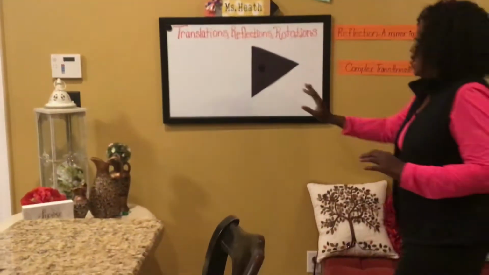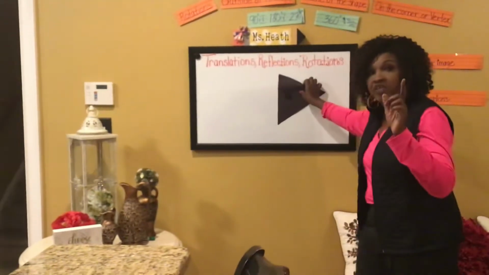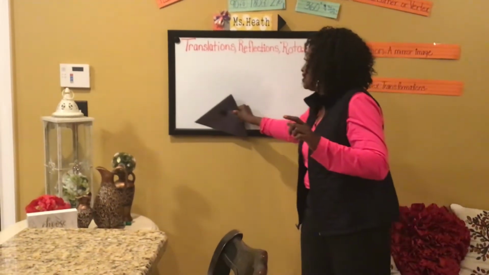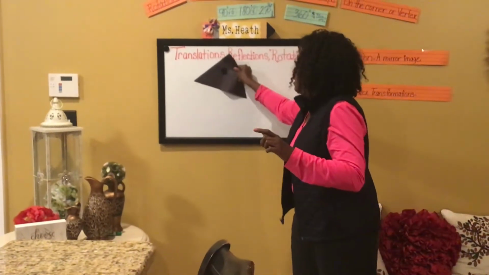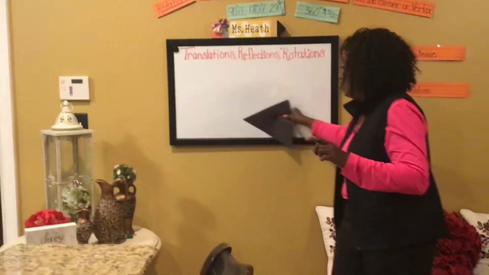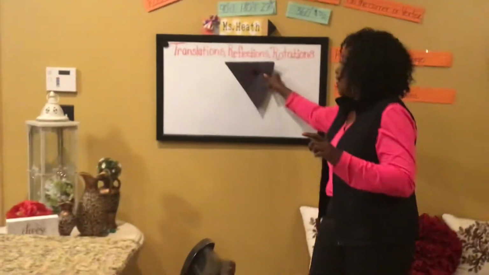So when I translate a shape, guess what I do? I'm going to move it around. I'm taking that shape and moving it around just like I would with a language, trying to learn it, trying to figure out my way. So translation is nothing but movement, moving that shape around.